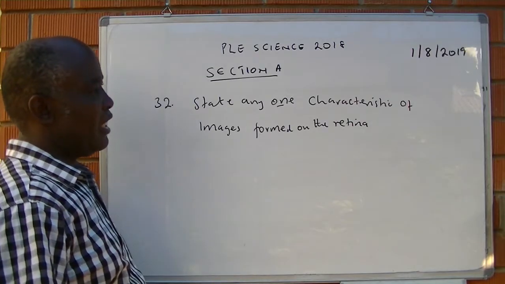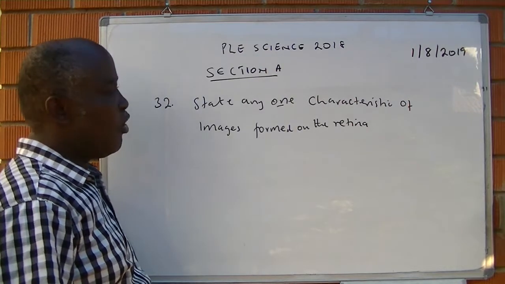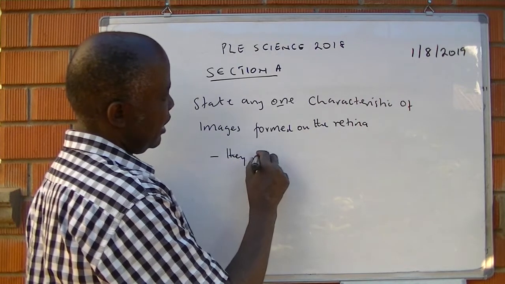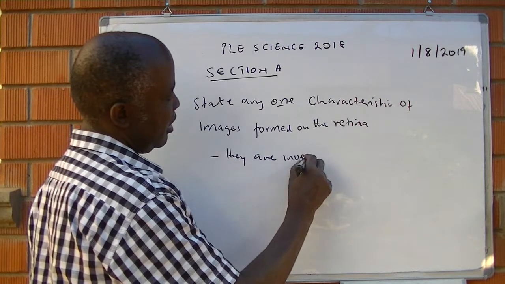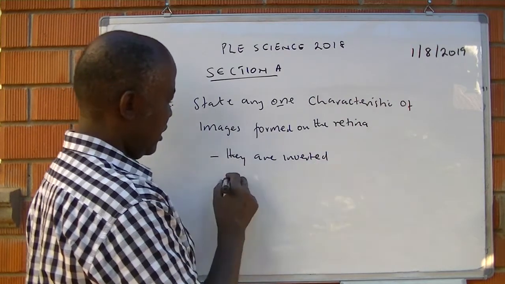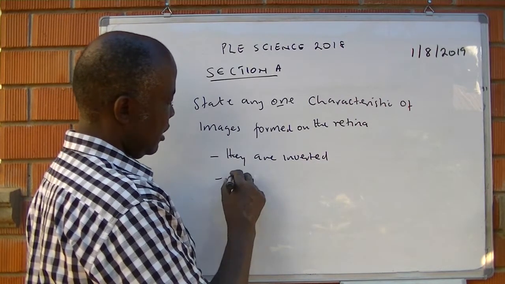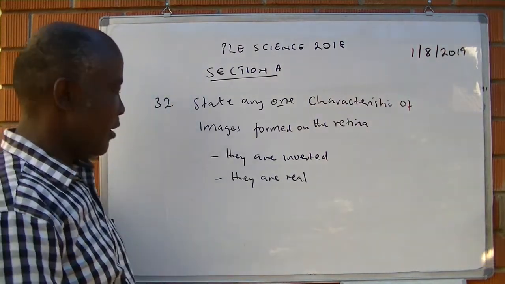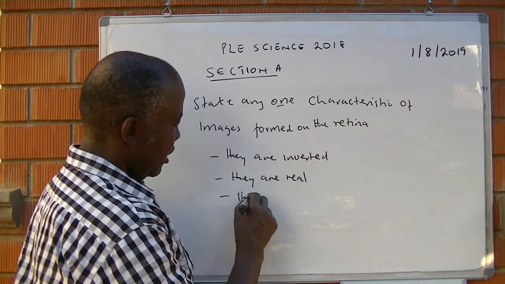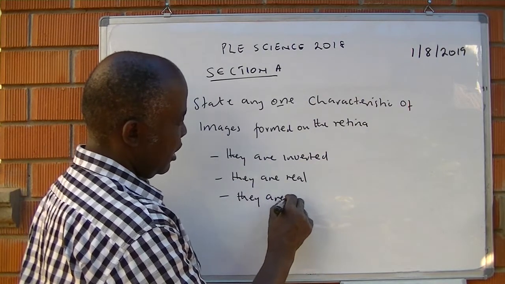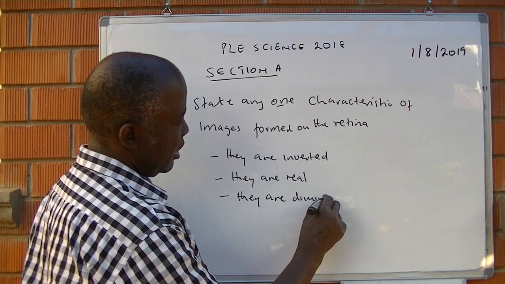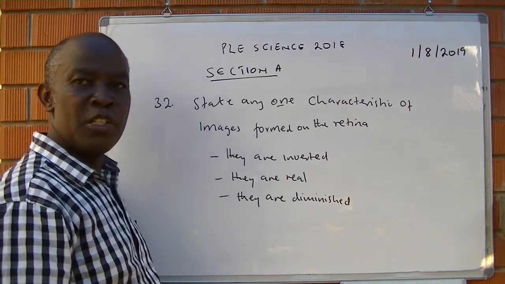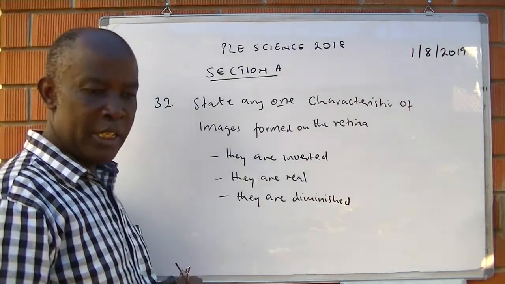Number 32. State any one characteristic of images formed on the retina. They are inverted. They are real images. They are diminished or smaller than the object.